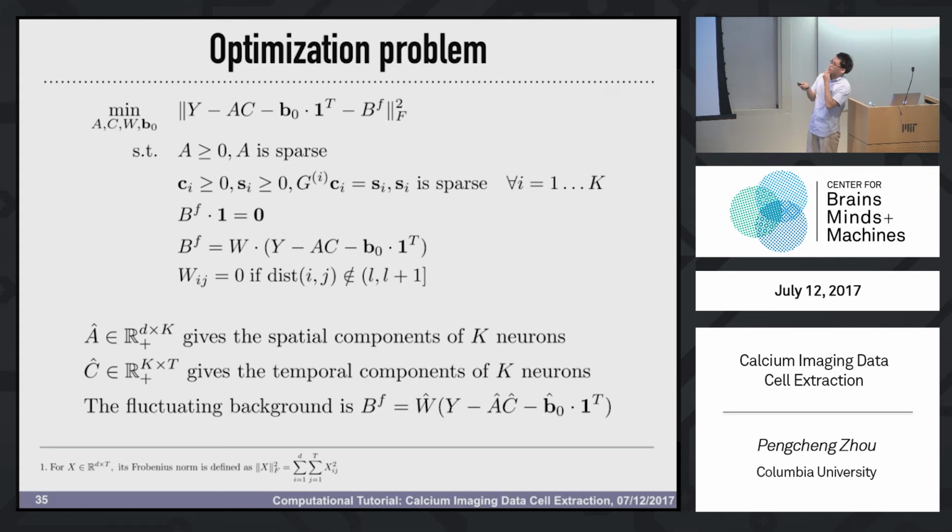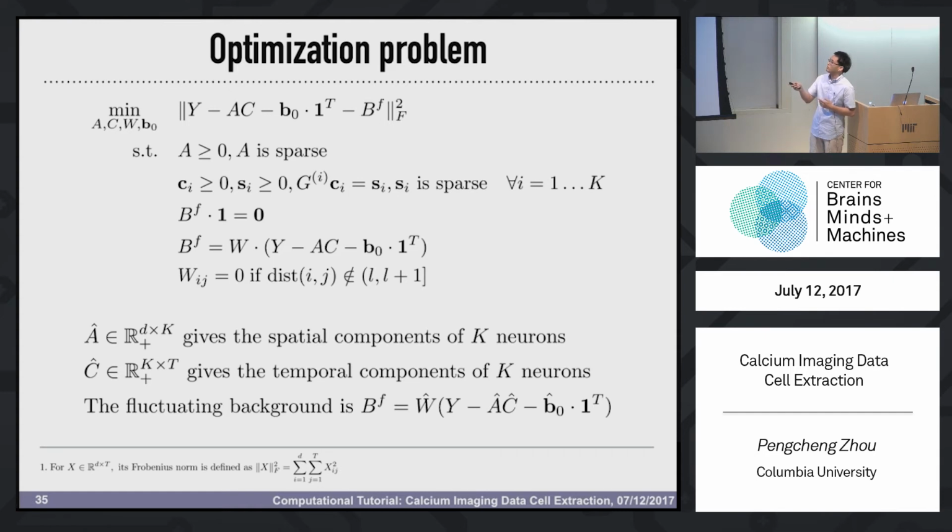So this is the formulated optimization problem here. Maybe some of you are not familiar with optimization problems, but don't worry. I'm not going to talk about the details. What you have to know is we want to update these four variables, A, C, W, and B0, to minimize this objective function.